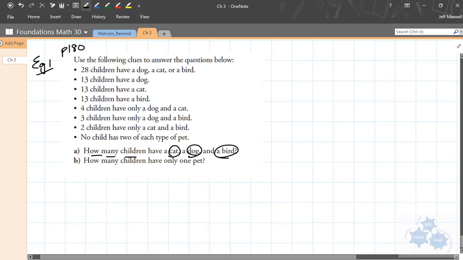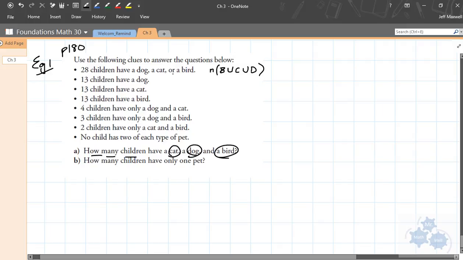These are the clues. 28 children have a dog, a cat, or a bird, okay? So what's that? A dog, a cat, or a bird. That would be the number of kids that have a bird, or a cat, or a dog. Does everyone see that? That's the total number.